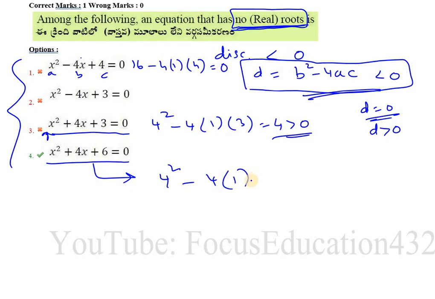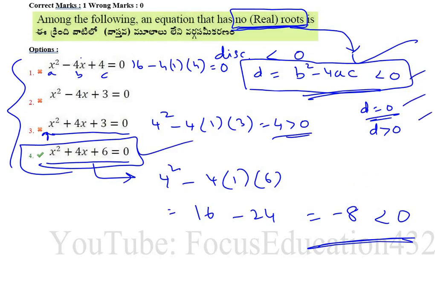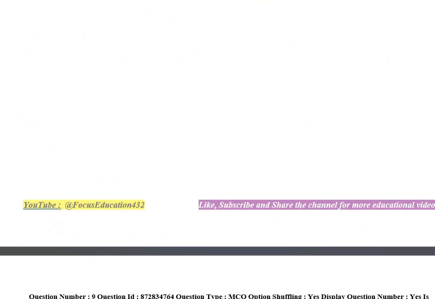What is the other one? C, 6. So how much will you get? 16 minus 24, that is equal to minus 8. So less than 0. If it is less than 0, what is the meaning? No real roots. So the answer is this one. But anyway, 3 conditions you have to remember. Any one question you may get, most likely you will get.